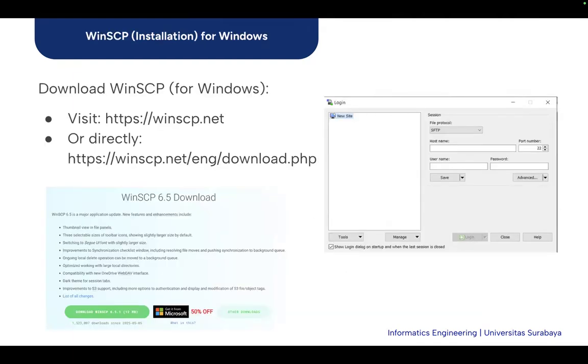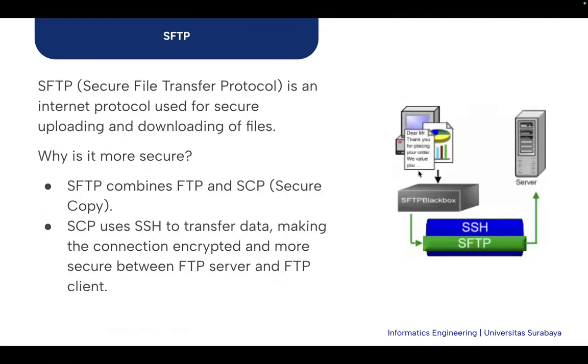And then this is how you install WinSCP. You can directly visit winscp.net and the download.php page to choose the newest version of WinSCP that can be downloaded. And this is the interface of WinSCP. And then this is SFTP. The Secure File Transfer Protocol is an internet protocol used for secure uploading and downloading of files.